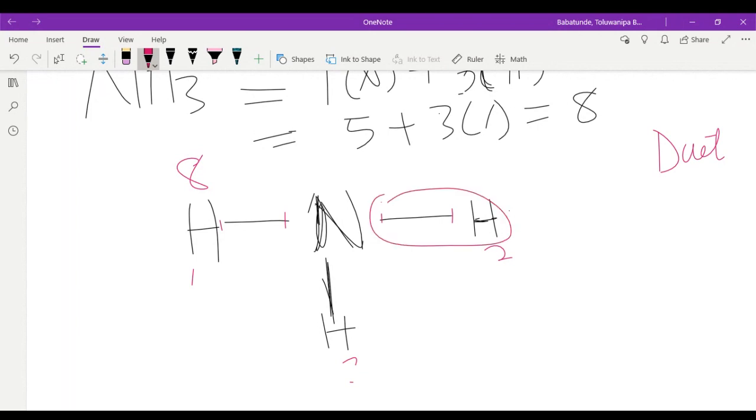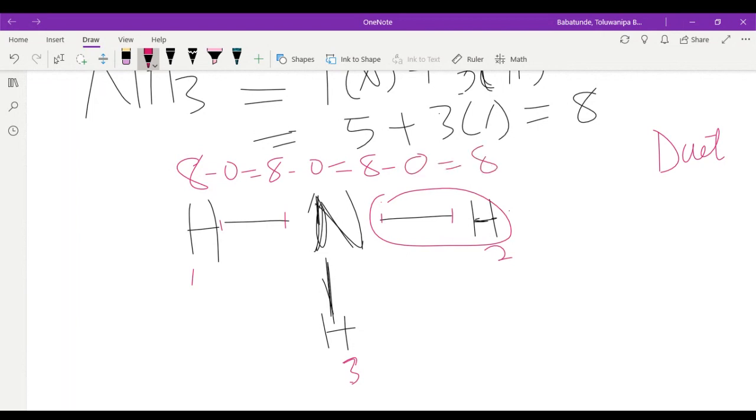Remember, these 2 electrons belong to this hydrogen as well as nitrogen. The same thing applies to hydrogen number 3, so it doesn't need any. So we have 8 minus 0 for hydrogen number 1, which is 8. For hydrogen number 2, minus 0, which is 8. For hydrogen number 3, minus 0, which is 8.